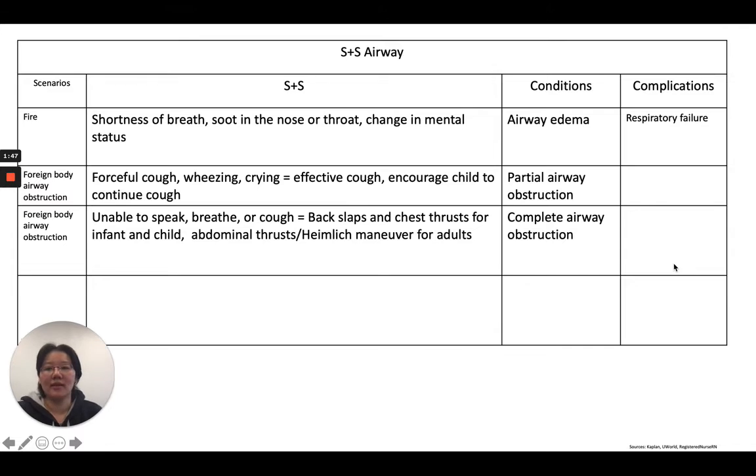Another way I did it is through airway, breathing, circulation, and other. So, signs and symptoms, airway here. Scenarios I like to put here because in what situation does it cause airway edema? Fire, drowning.